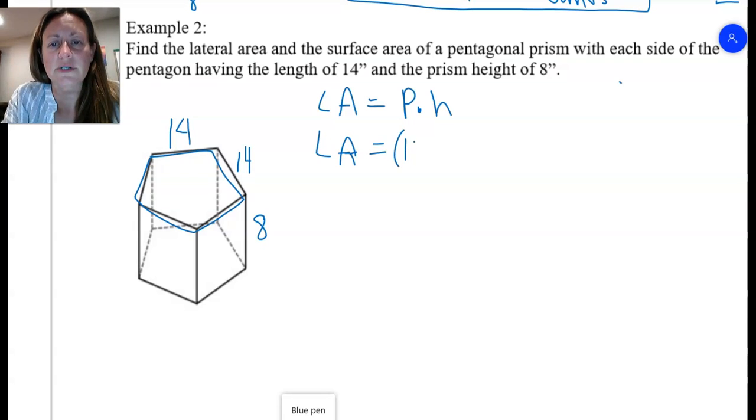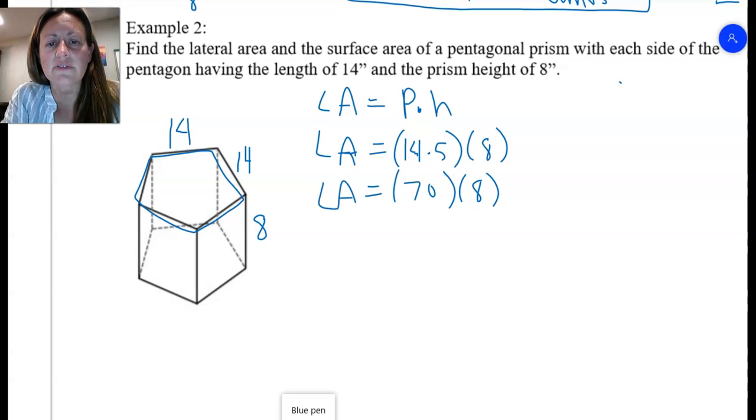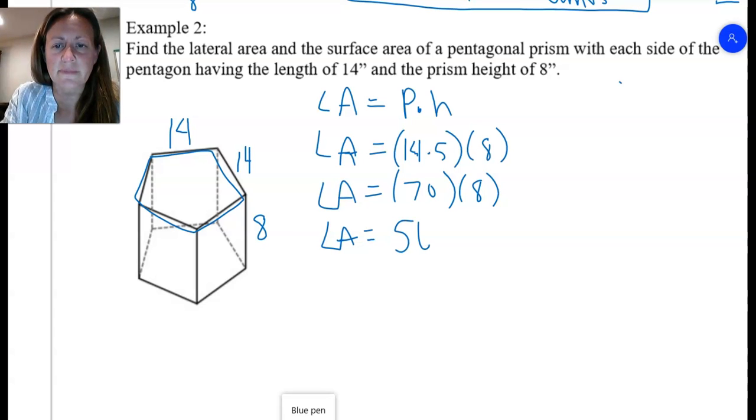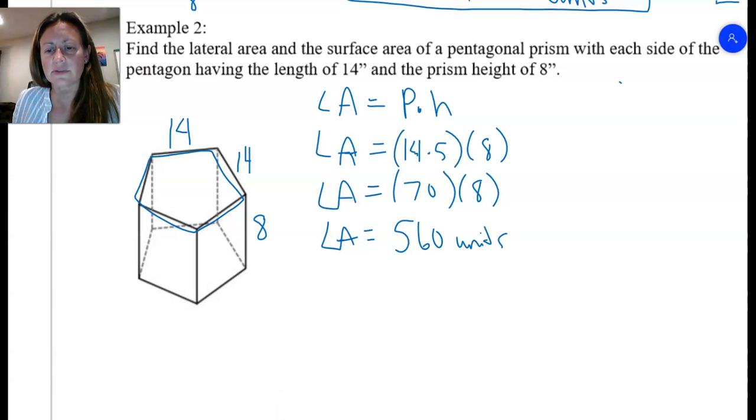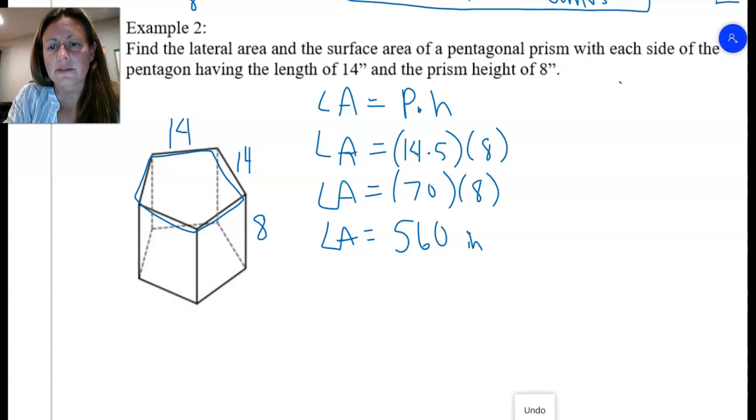Okay, so that's 14 times 5, which is 70. And the height of the prism is 8. So the lateral area is really quite simple to find here. It's 70 times 8, which would be 560 square units. Or I guess it would be inches, excuse me. Square inches. So that's the lateral area.